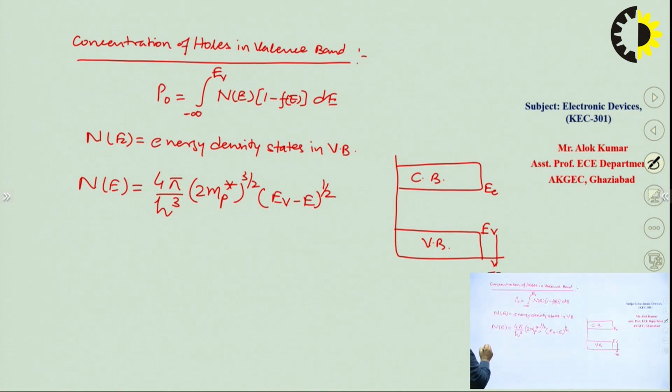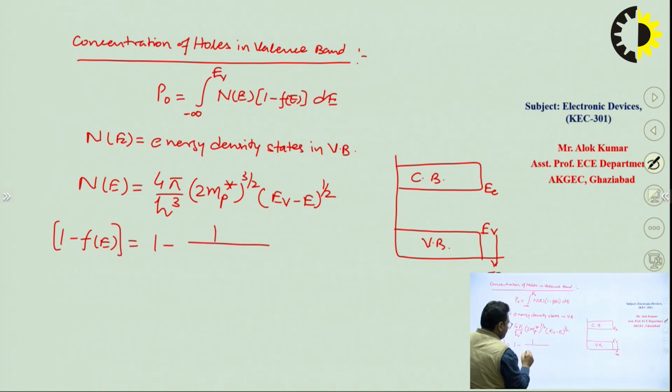And this 1 minus FE can be calculated. It will be 1 minus 1 upon 1 plus e to the power (E minus EF) upon KT, right.